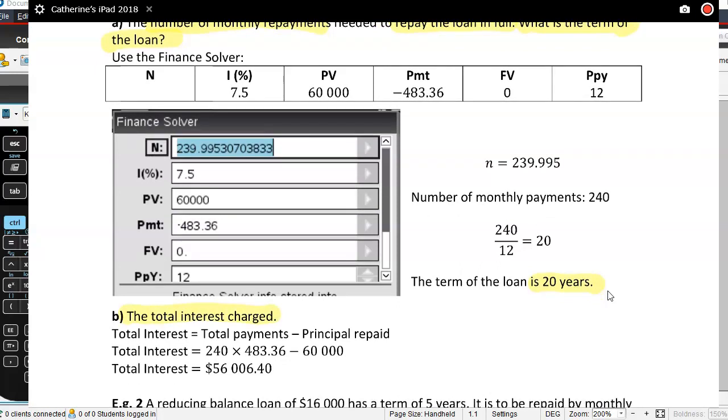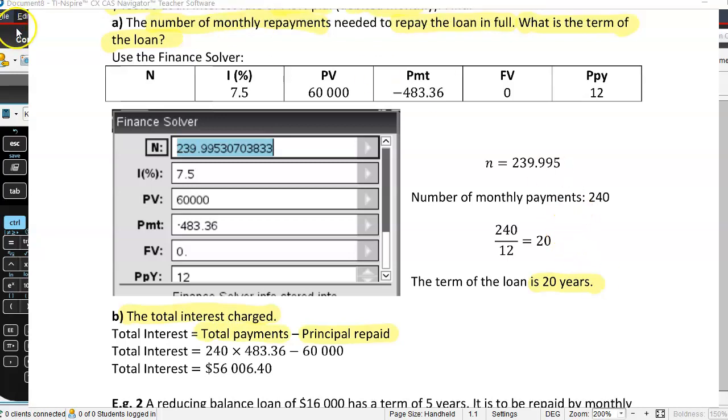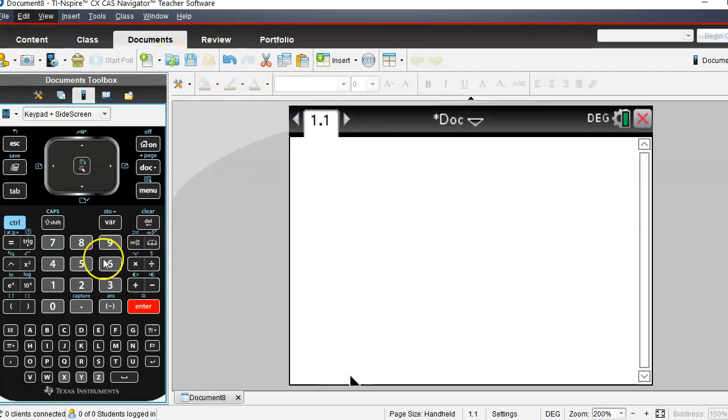Okay, second part, total interest charged. We borrowed 60,000, but how much did we actually pay? We actually paid, let's look at this, 240 payments of $483.36. We actually paid, let's arrow up, hit enter, $116,006.40.